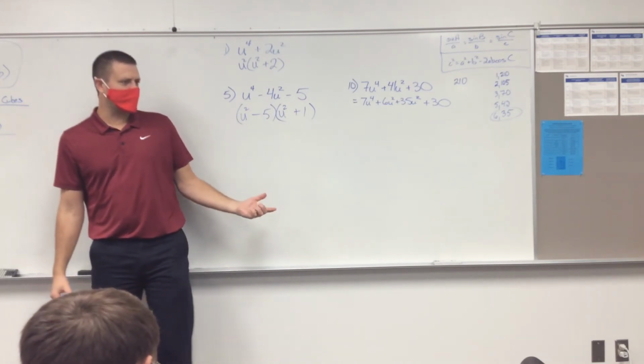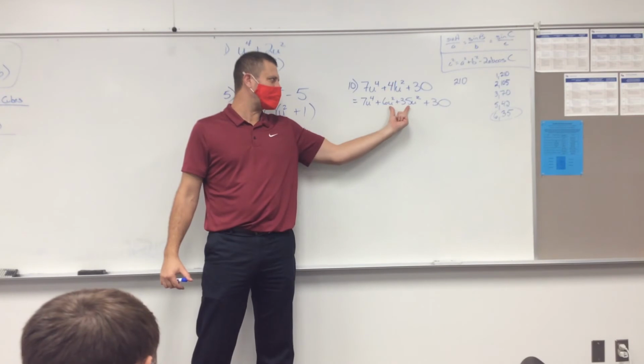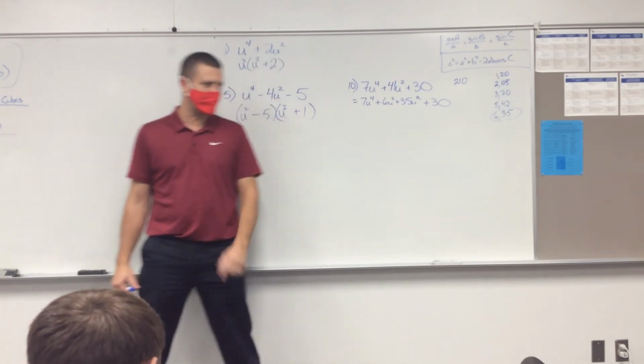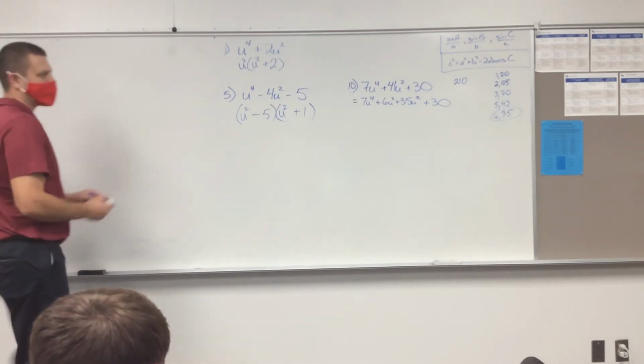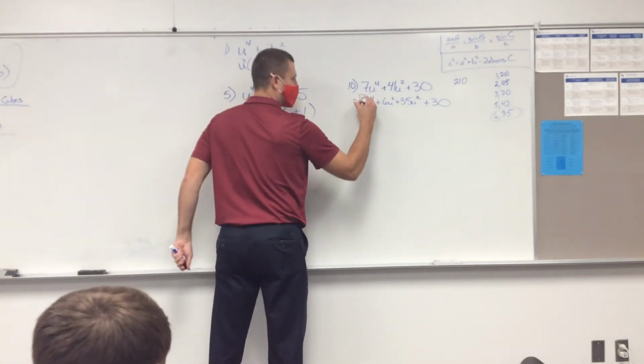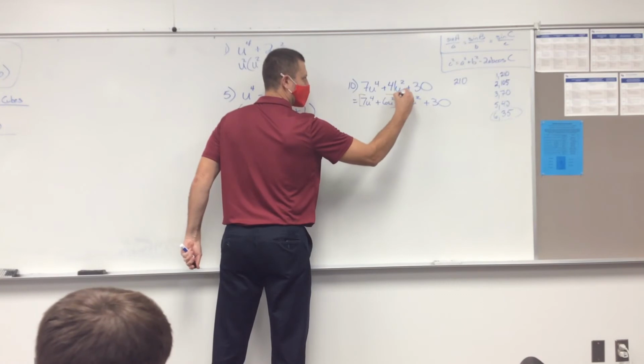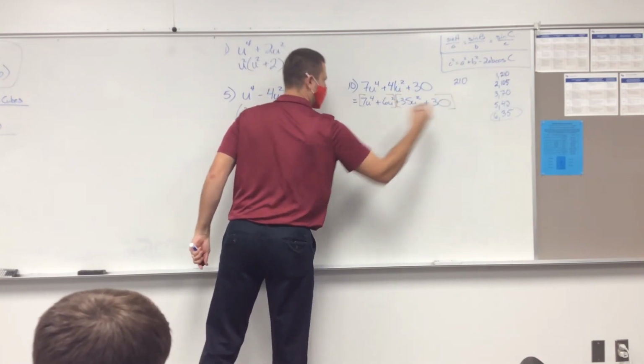I haven't changed anything, I just broke the 41 down into 6u squared plus 35u squared. And then you do what's called the grouping method, where you group the first 2 terms together and you group the back 2 terms together and look at those.